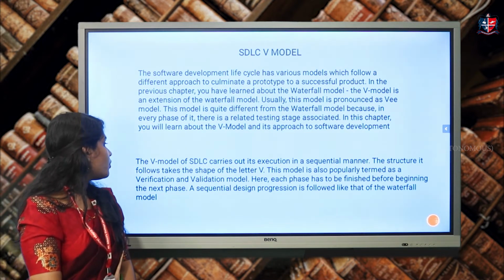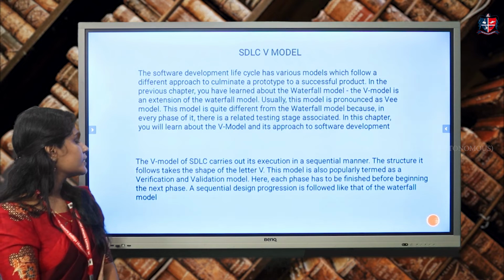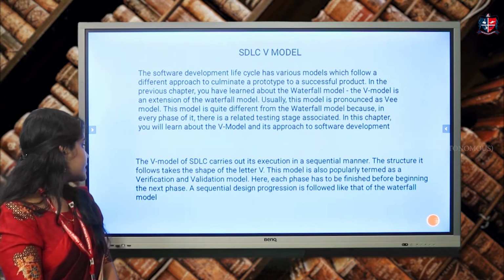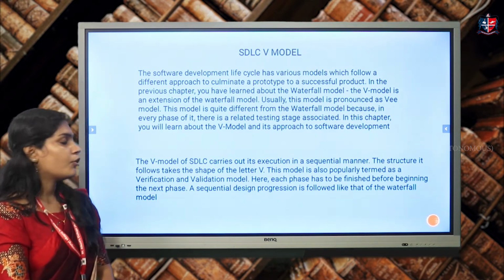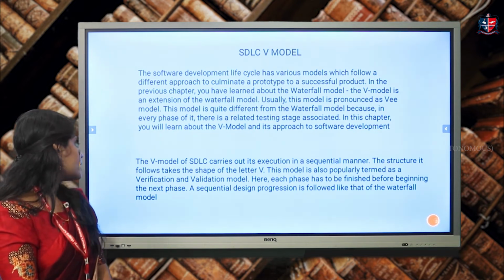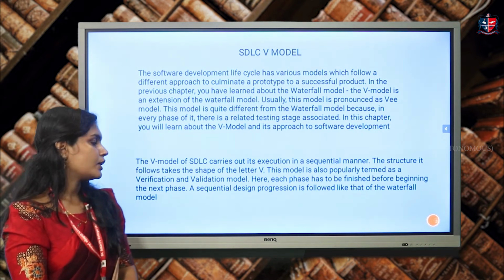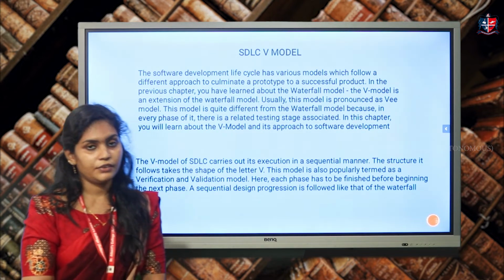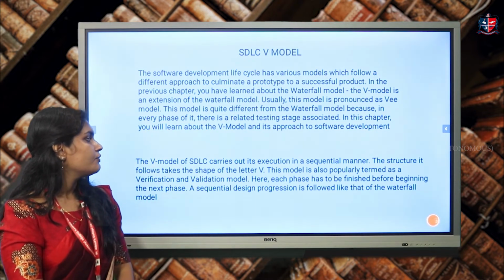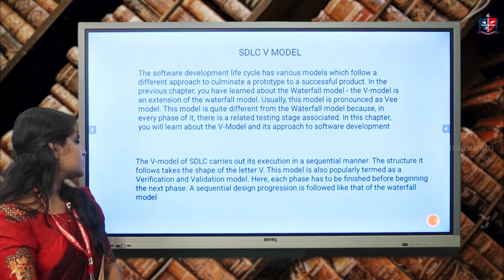So the V model of SDLC carries out its execution in a sequential manner, and the structure it follows takes the shape of the letter V. This model is also properly termed as the verification and validation model. Here each phase has to be finished before beginning the next phase.